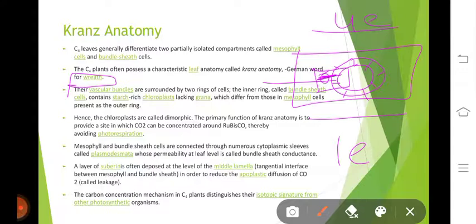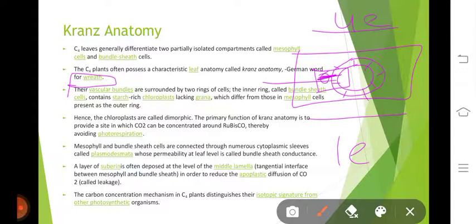In order to provide a higher carbon dioxide concentration, Rubisco is present in the bundle sheath cells, and therefore photorespiration is avoided. Because if there is a lack of carbon dioxide, the same Rubisco enzyme will fix oxygen, which is called photorespiration, fixing oxygen in the presence of light.